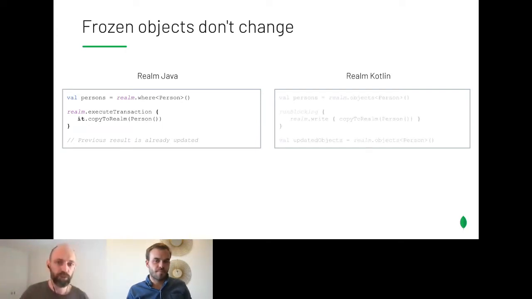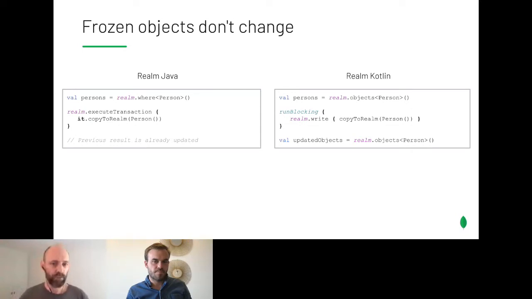In Realm Kotlin, the original object is frozen, tied to a specific version of the realm, which means that the updates weren't reflected in our original object. And to actually inspect the updates, we would have to requery the realm again.